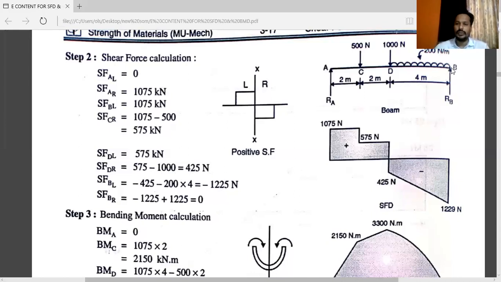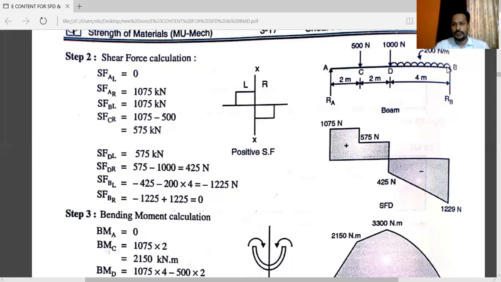Now next, shear force at B just to the left. Now see, this point is very important. Consider all the left side forces: RA upward, so RA minus 500 minus 1000 minus the UDL that is given.